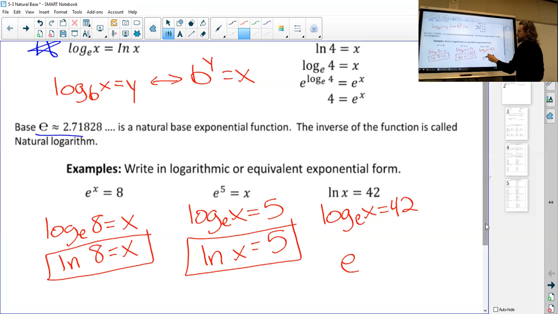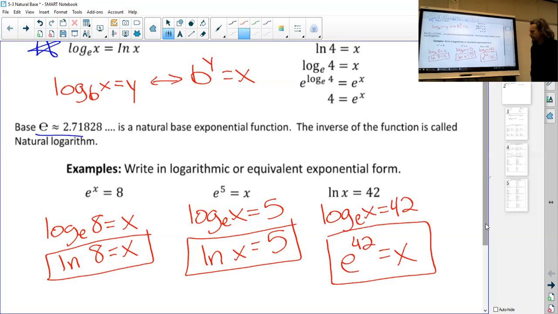X and 42 switch places, so this is going to be e to the 42nd power equals x. Okay? Hopefully you recognize what information is given to you, this x and this 42, and where that is always going to end up when we rewrite these. Otherwise, you can always do the 2 steps, you get the right answer, it just takes a little bit more time.